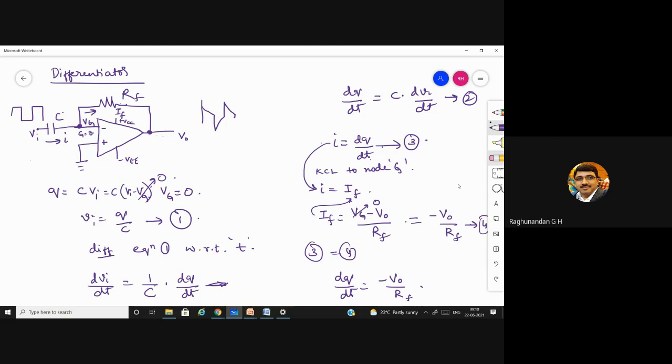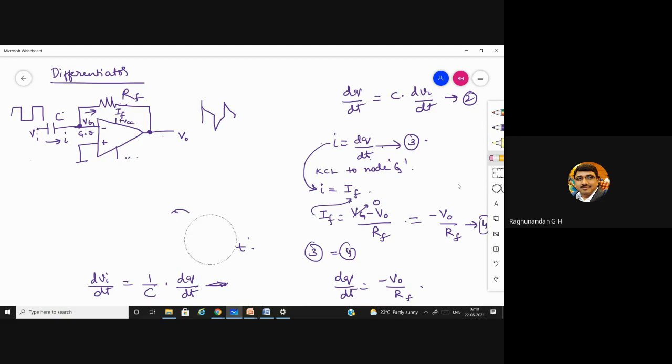What is missing in this equation? Can we stop here, or is something missing?